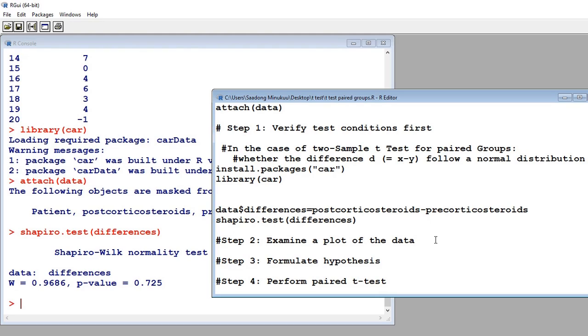Why is this important? Because we don't just perform a statistical test for no reason. Usually we perform statistical tests by formulating hypotheses based on sample observations. So how do we observe our samples? By calculating certain parameters. Sometimes it could involve a graphical exploration or examination of our data.